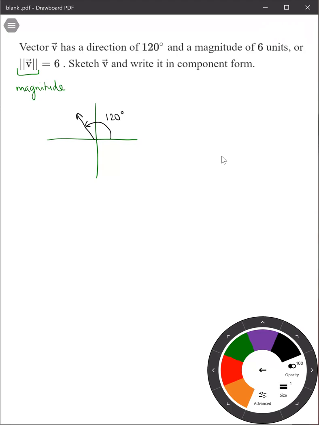Now, I gave you a hint earlier that we will try to make this a right triangle. So I drop this down right here and make it a right triangle. The x value right here and the y value right here will be the values that I need to write my component from.